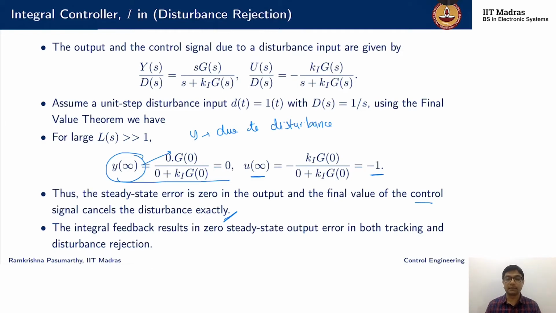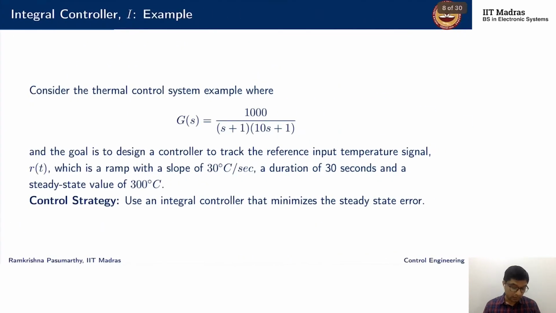In the steady state it becomes 0, which means there is no effect of disturbance on the output in the steady state, for which we need an input of -1 to cancel exactly the disturbance signal. The integral control results in 0 steady state output error, both in tracking a step input and also in disturbance rejection.